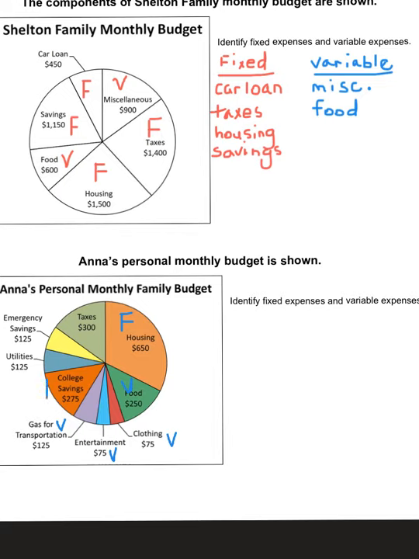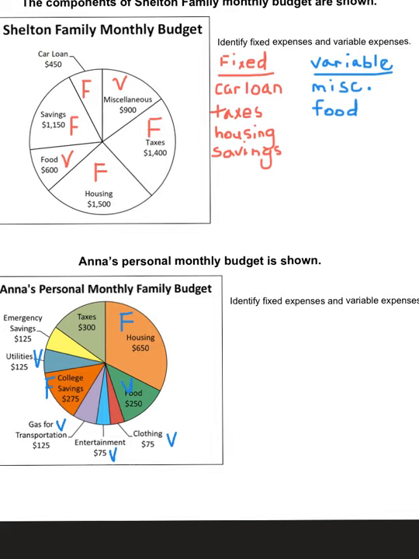So that's going to be a fixed amount. Utilities, like the electric and your water, you don't use the same amount each time. So your utility bill could be high, it could be low, depending on how much you use. So since that changes, that's going to be a variable expense.